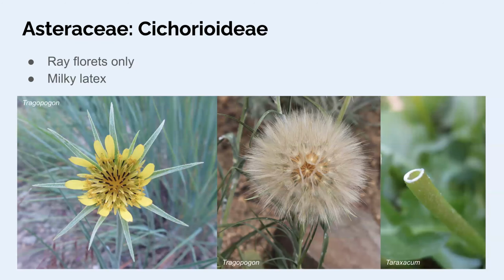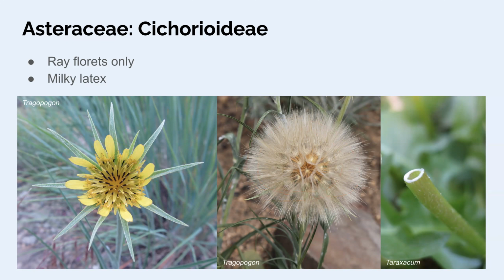The Cichorioideae is a subfamily that has the ray only. So included in that are dandelions, also this one, Tragopogon, goat's beard, in the flowering stage and also in the fruiting stage, also looking very much like a dandelion. Kind of looks like a really beefy dandelion.